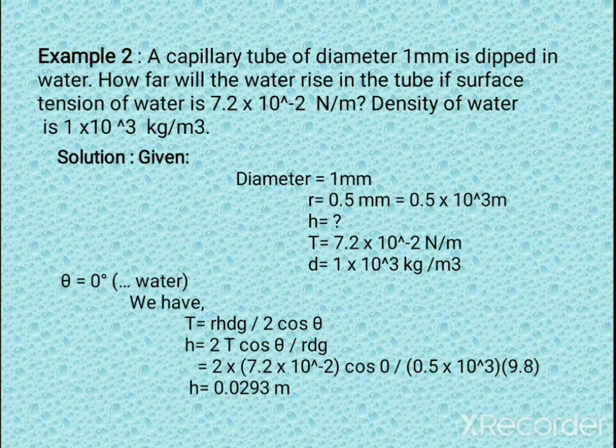So by using all these values, we get the height of the water in the capillary as 0.0293 meter. So by using the capillary rise method, we can find the surface tension, and we can find the height to which the water rises in the capillary. Thank you.